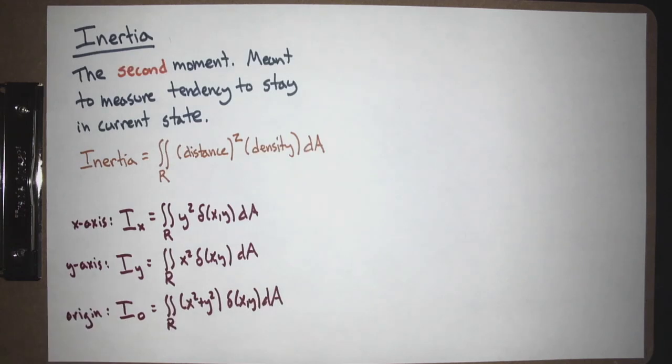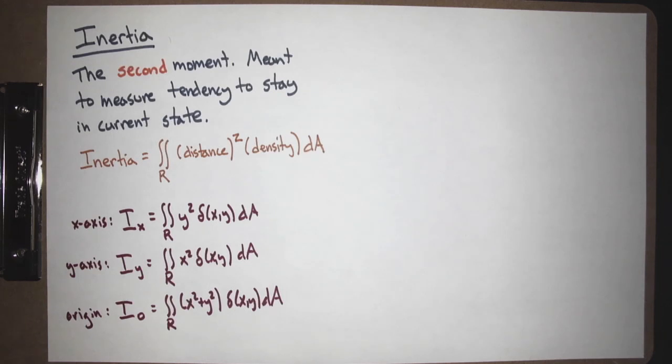Now you might say, does that mean that there's a third moment, and a fourth, and a fifth? Are there infinitely many moments? Yes. Are we going to talk about them? No. But other classes, you might. There's actually a beautiful thing called the moment generating function, but that's a topic for a completely different class. So we stop here.